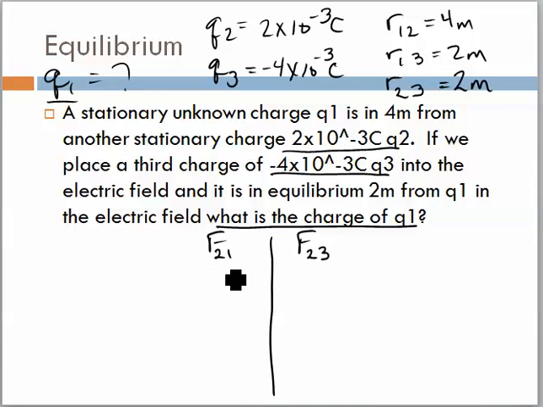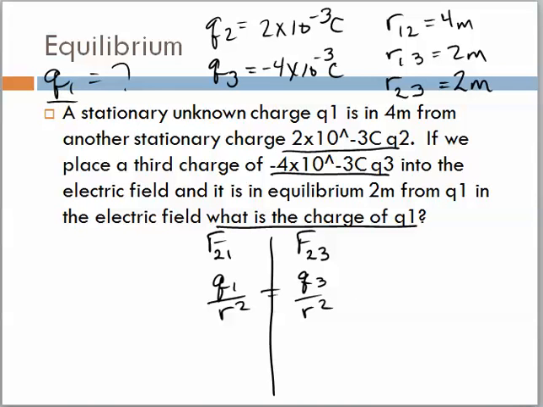As I look at these again, which one's going to cancel out? Q2, because it's in both cases. So I'm simply going to write Q1 over r squared is equal to Q3 over r squared.